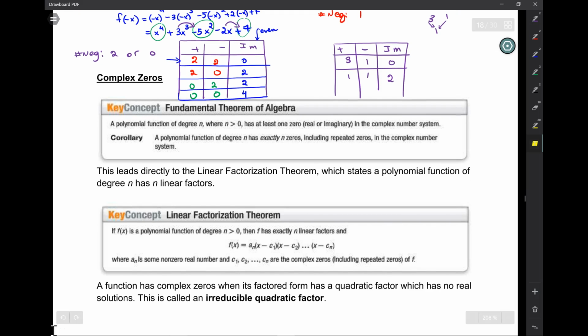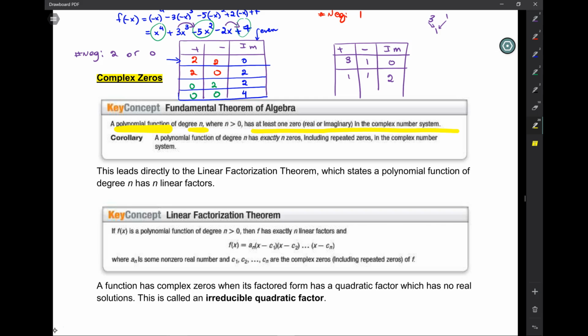Okay. Complex zeros. Complex numbers are numbers that are real and imaginary combined, right? So we know this already. A polynomial function of degree n has at least 1 zero in the complex number system.